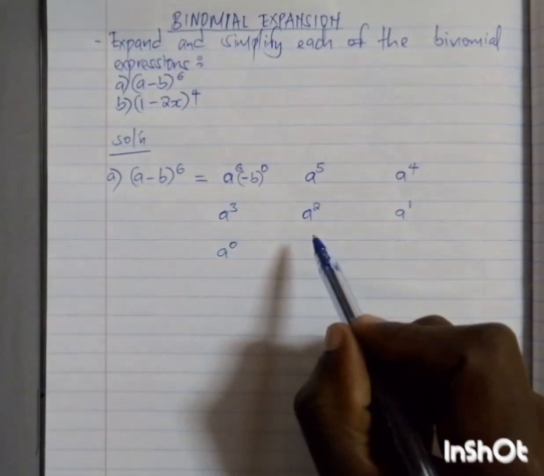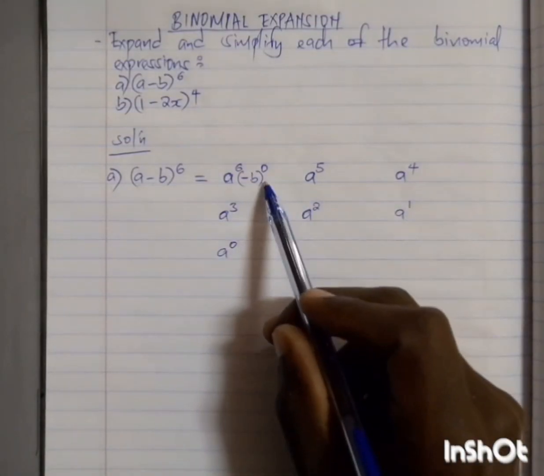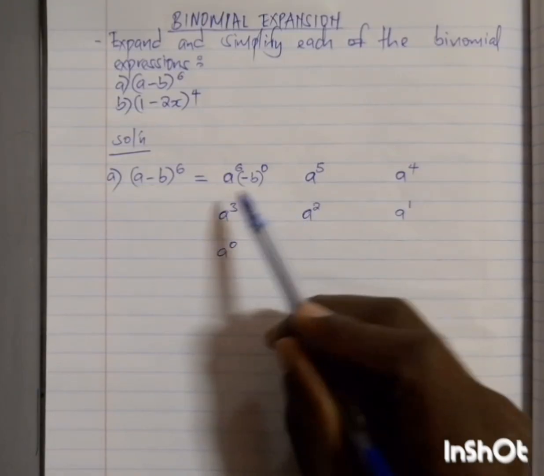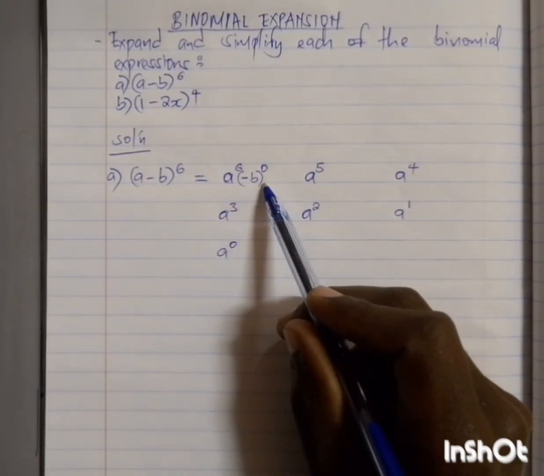You need to understand that the second term is increasing, so we'll be adding 1. This one is different from the first term. From the first term, we were subtracting 1. Here we are going to be adding 1.